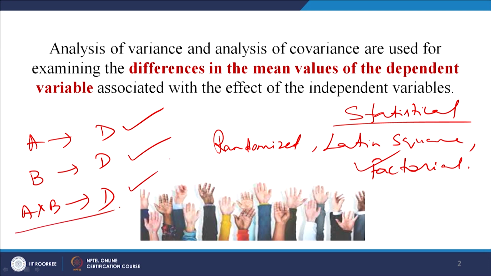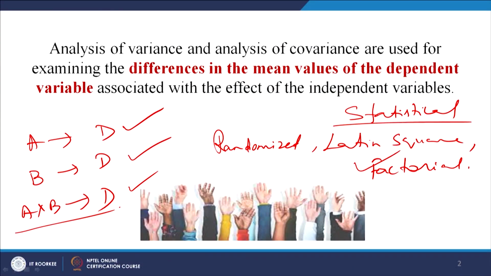Let us understand a situation. For example, when you produce a particular kind of chemical, it has to be produced at a particular temperature and pressure. Temperature has an effect on the final production of the material, pressure also has a direct effect on the material, and temperature and pressure together have an effect on the final outcome.